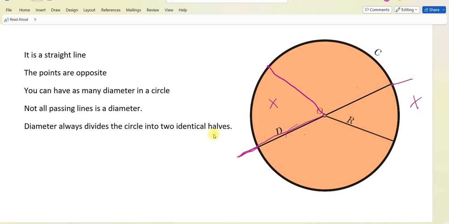Though it is joining two points on the circle, it is not a straight line. So a diameter should always be a straight line and should join two opposite points, and the line cannot go outside the circle. It has to end on the edge of the circle, with definite end points.